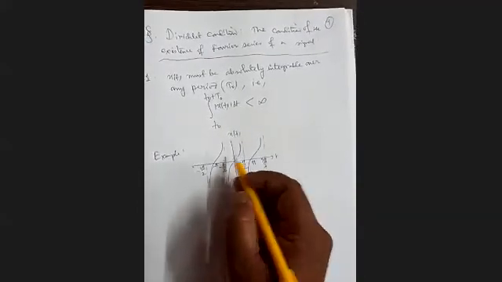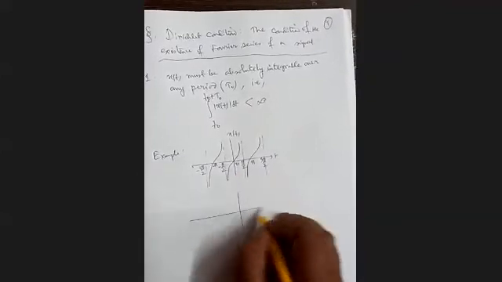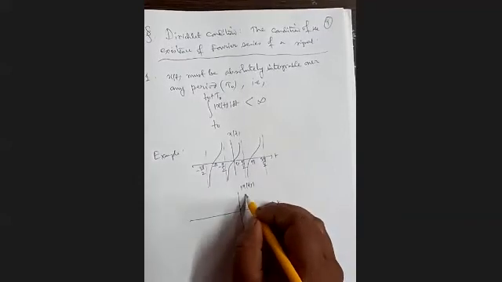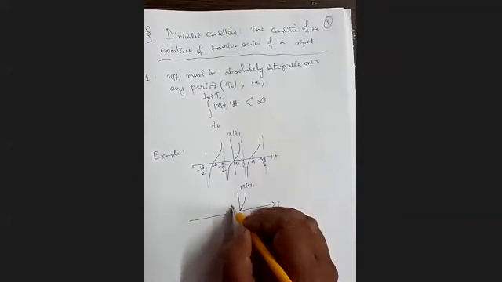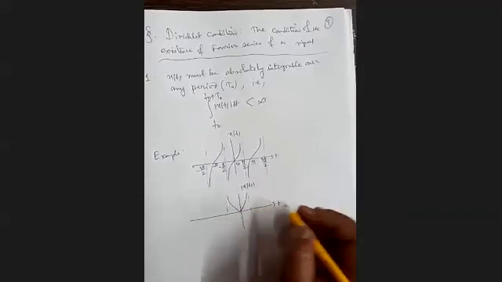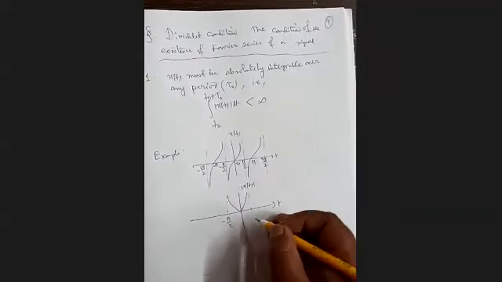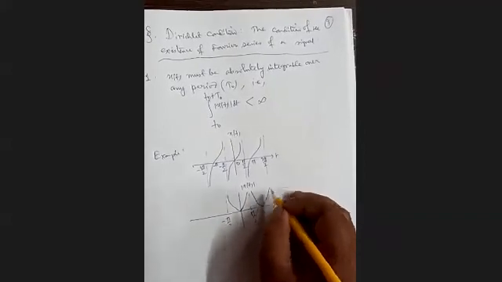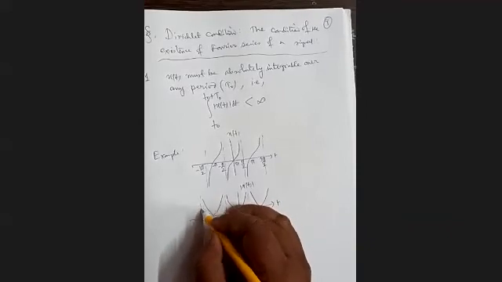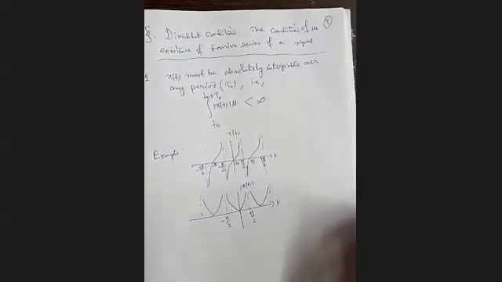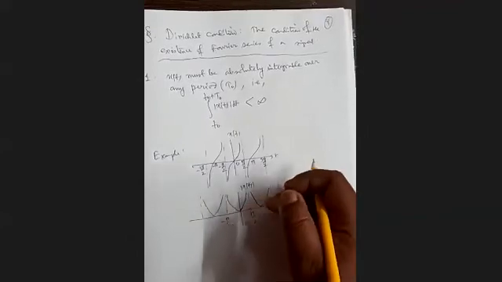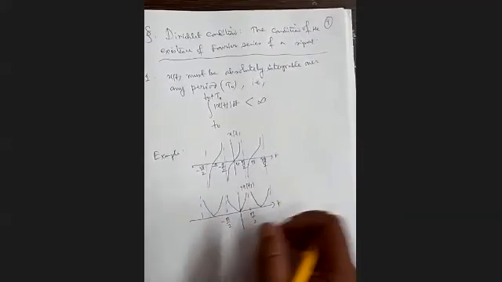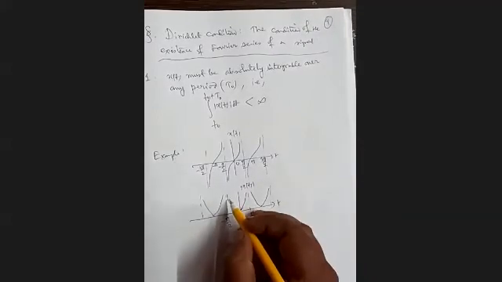But note that if we take mod of x(t), what will it be? If we plot mod of x(t), it will be going this way, something like this in one cycle. In the next cycle also, it will be going there. If you take mod of x(t), then its area will be what?